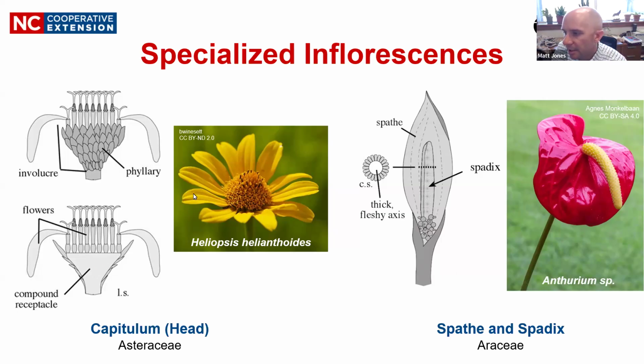And many of them, like in this example, there are two kinds of flowers. On the outside are the ray flowers, and the inside are the disc flowers. In many cases, but not all, the ray flowers are sterile. They may not have ovaries and stamens, but they could.